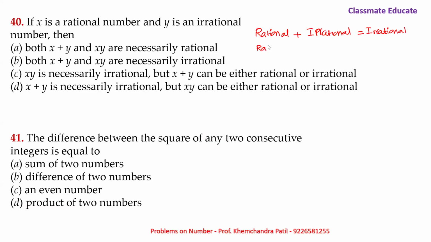And if you take the product of a rational number multiplied by an irrational number, then their product is also always irrational. Now, on this basis, try to give me the answer. Your x is rational and y is the irrational number. So, if you take the addition of them, that will be irrational in nature. And if you take x multiplied by y, this is also irrational in nature.